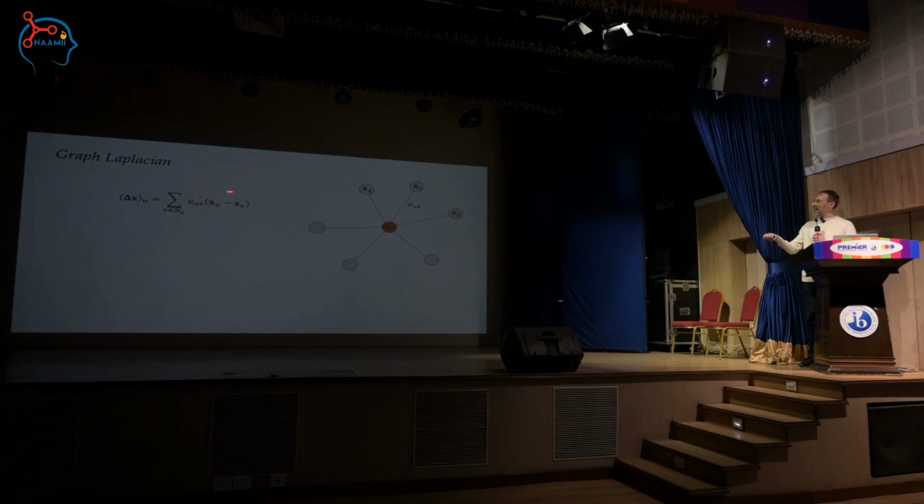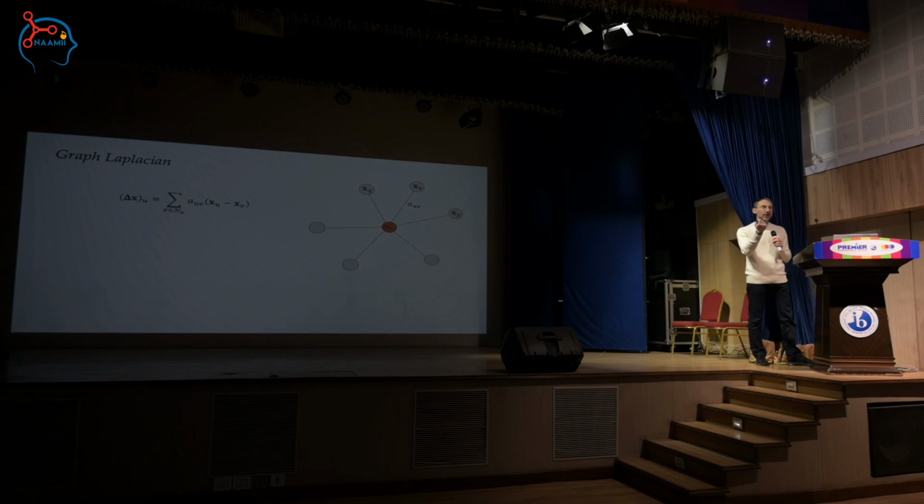So this is the analogy of the gradient operator, and this is the analogy of the divergence operator, right? The gradient takes you from the signal that lives on the nodes to a signal that lives on the edges, right? So that's the analogy of the vector field. And then the divergence collects all the information that lives on the edges that share a node and gives you a node-wise signal.